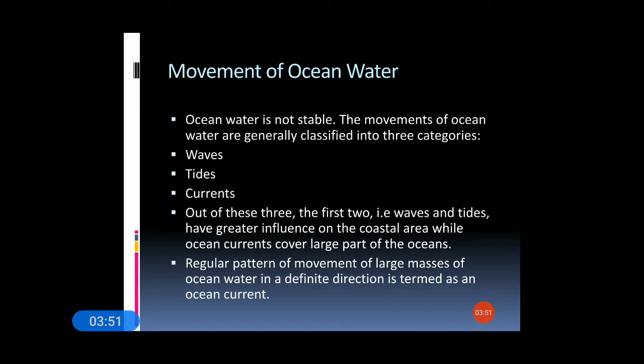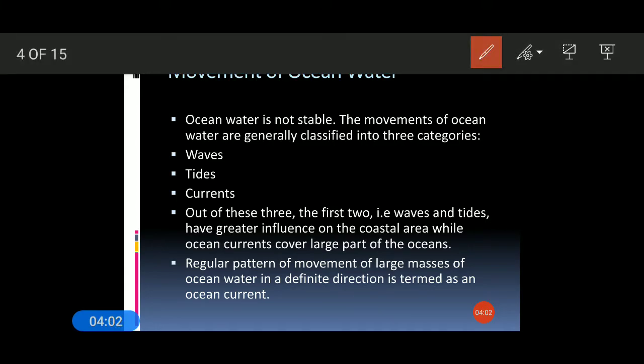Now waves are generally the rise and fall of surface water due to the friction of the wind. A wave can be seen in the ocean, and in any kind of water body. It's simply the rise and fall of ocean water due to friction caused by the wind.